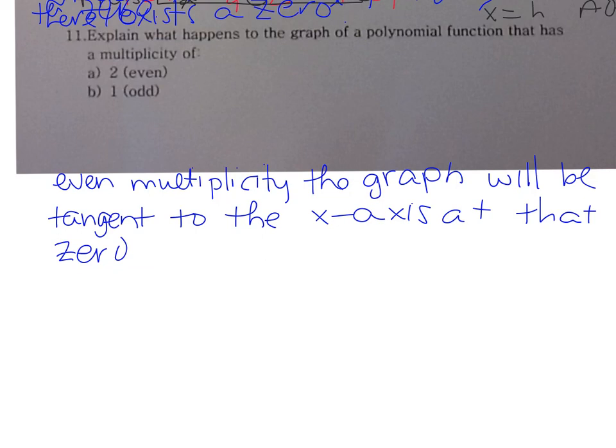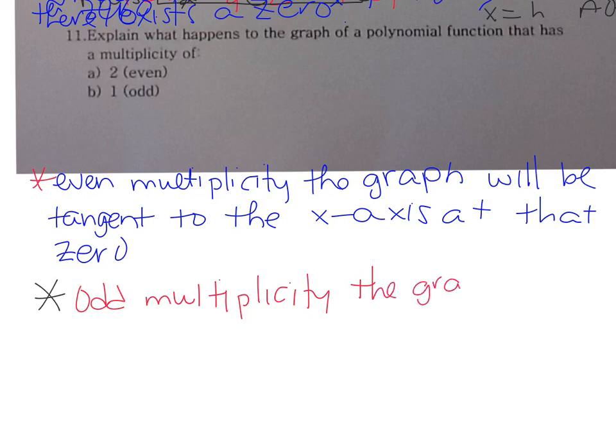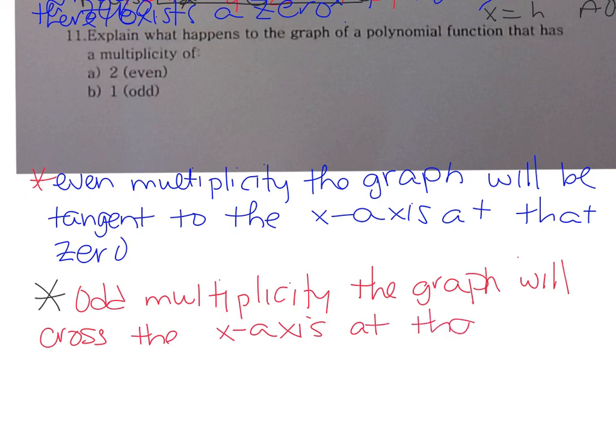When I have an odd multiplicity, the graph will cross the x-axis at that 0.